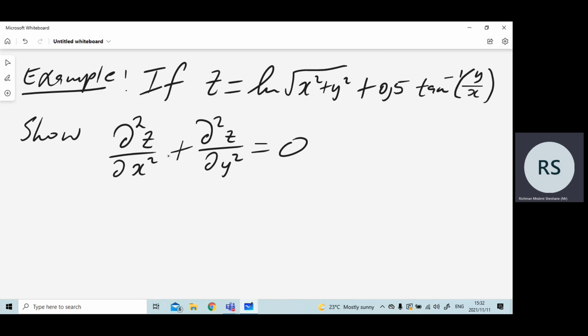So what I will do here, I'll take the left hand side and show it is equal to the right hand side.